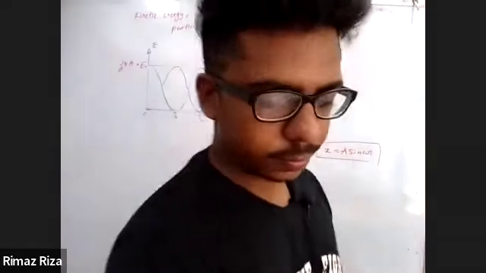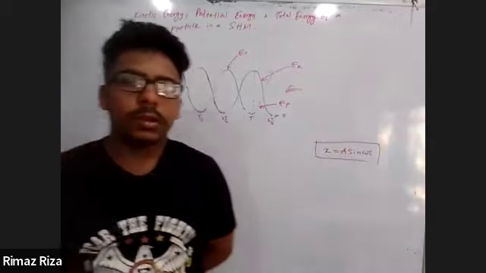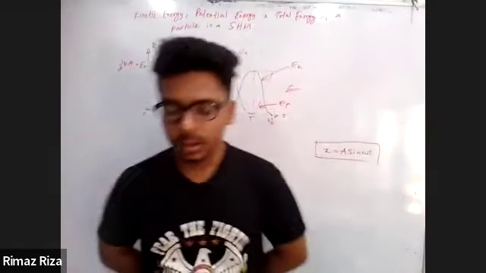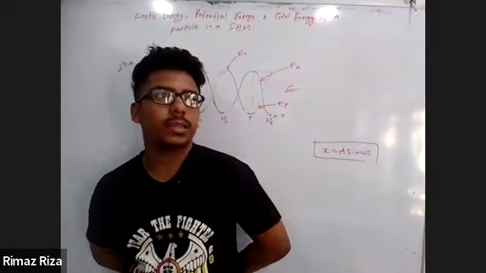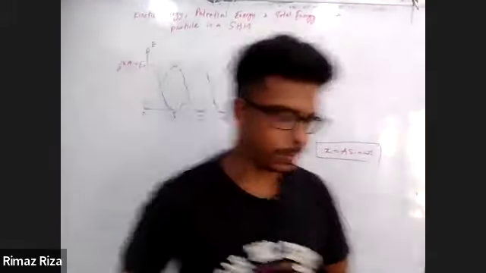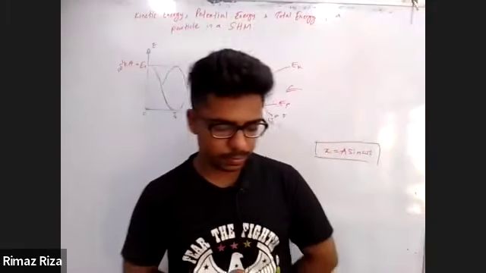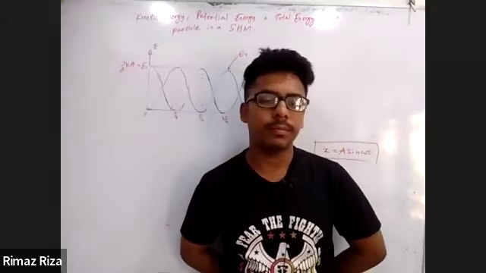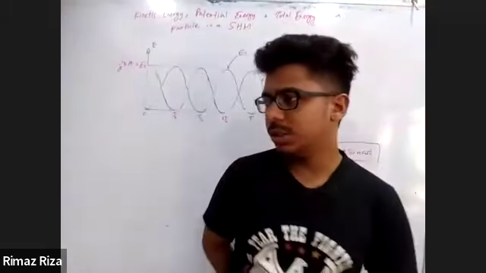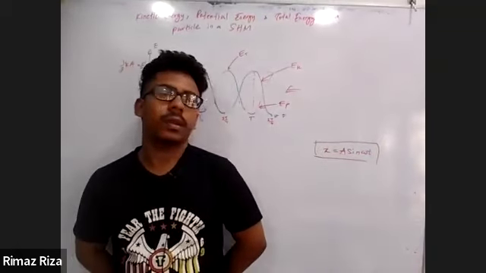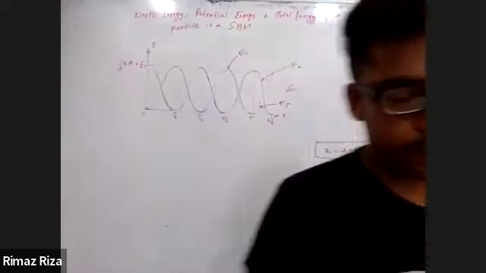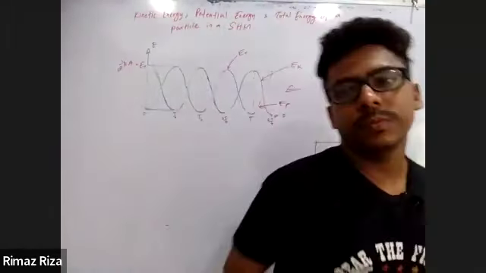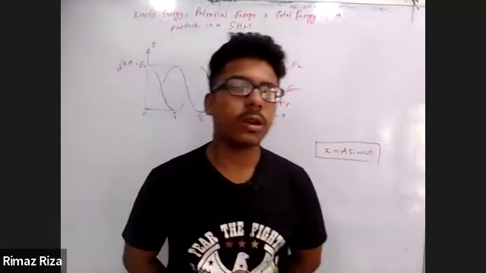Write down this question. Draw the variation of kinetic energy, potential energy, and total energy of a particle in simple harmonic motion with time, if time is measured from one of its amplitudes.